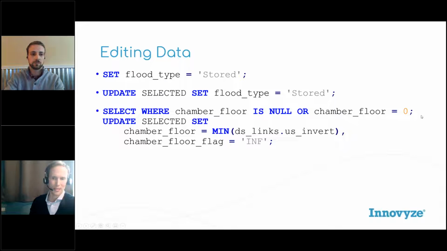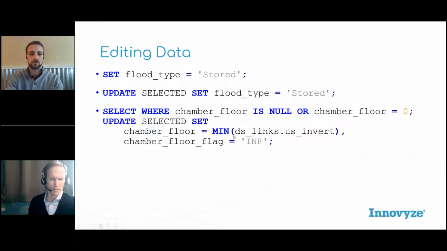And then first we select it, semicolon, and then we say update selected, set the chamber floor equal to the min ds links dot upstream invert. So this will select the minimum elevation from the downstream links and their upstream invert. So if you have multiple pipes, it would grab the upstream invert of all of those downstream pipes.